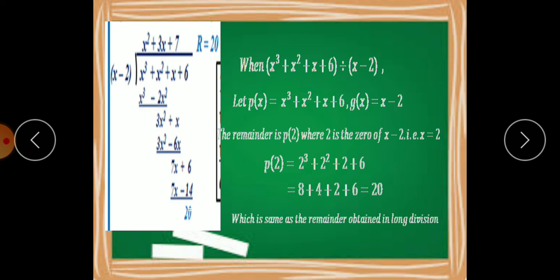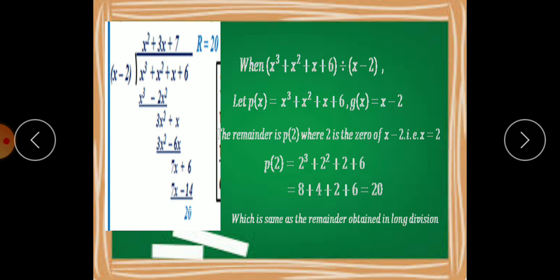There is one more procedure to find the remainder directly without performing the whole division process. That is, suppose let us take the dividend as p(x) is equal to x cube plus x square plus x plus 6, which is divided by a linear polynomial x minus 2.